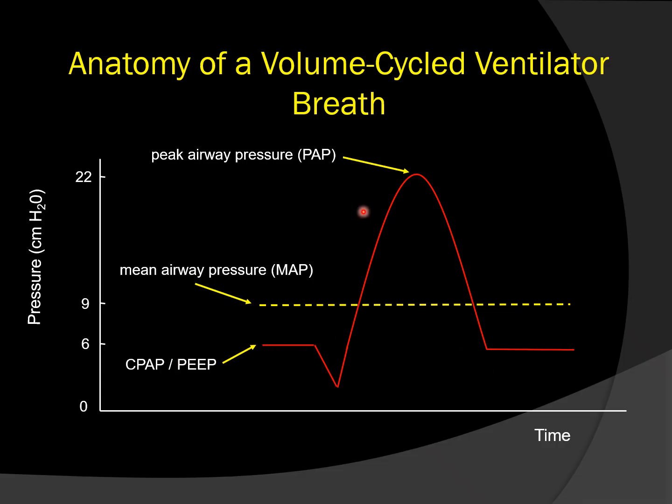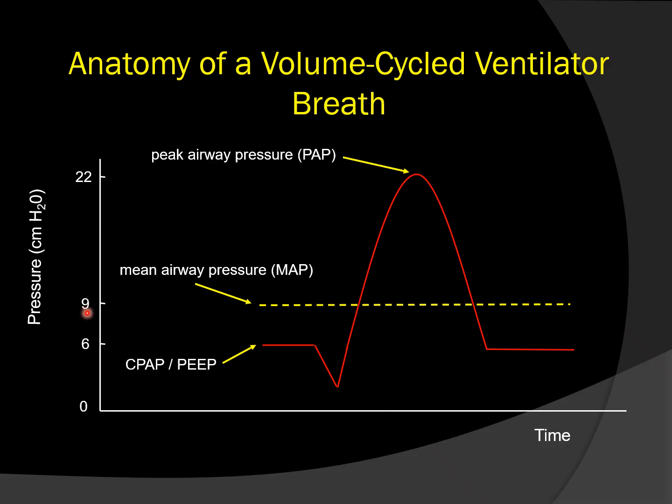The highest pressure that's achieved is called peak airway pressure or PAP. We also have a readout on the ventilator called the mean airway pressure. In this example, it's 9. Now, if you think about the pressure, baseline is 6 and the peak pressure is 22. The average of 6 and 22 would be 14.